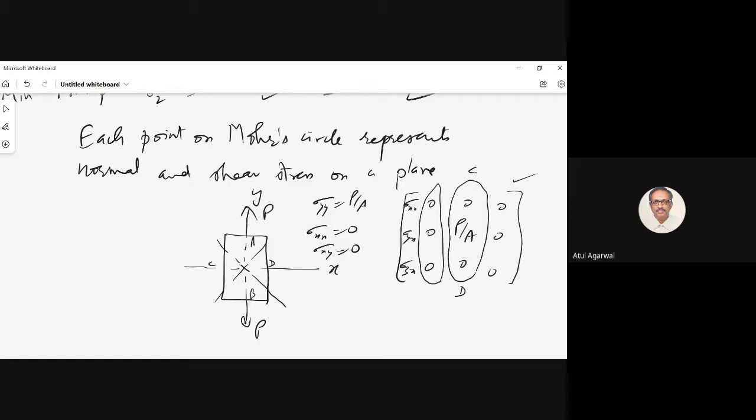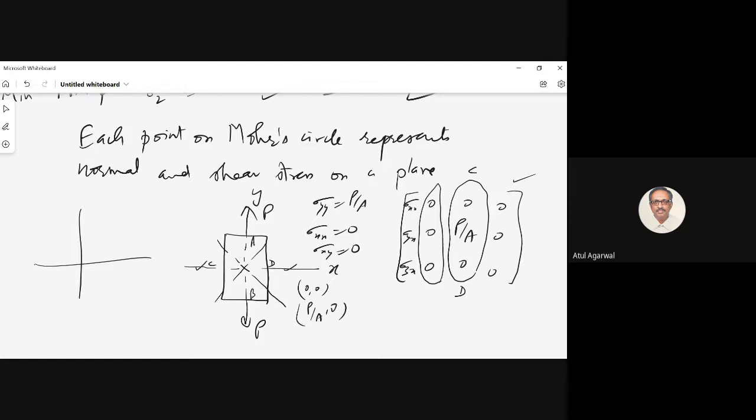So if you draw the Mohr circle for this case, what is the information you are having on this plane? On this plane, what are your stresses? 0, 0. Both the stresses are 0, normal as well as shear. And on this plane, what are the stresses? P by A and 0.